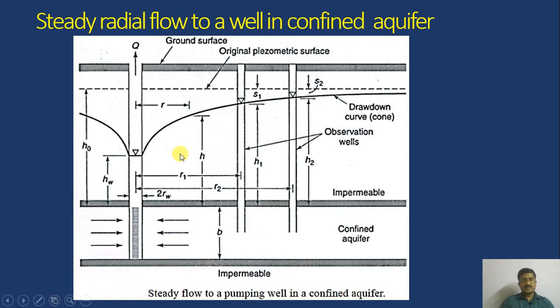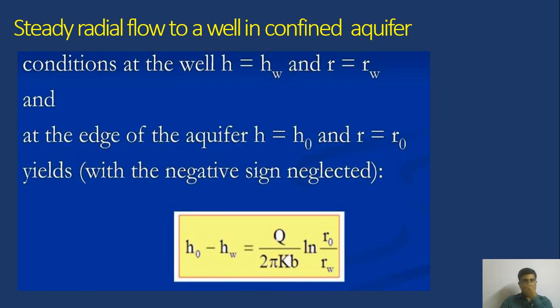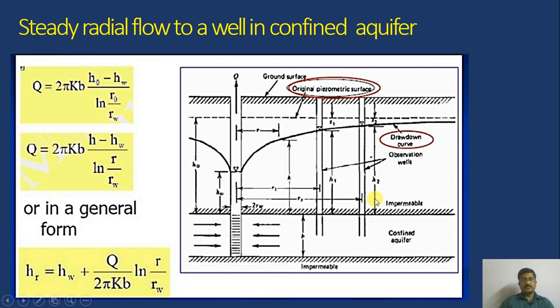Here you can see the heights H naught and HW, and when discussing drawdown, you can find the radial distance as well. So you can write H naught minus HW is equal to Q divided by 2 pi K B into log natural R naught divided by rw.